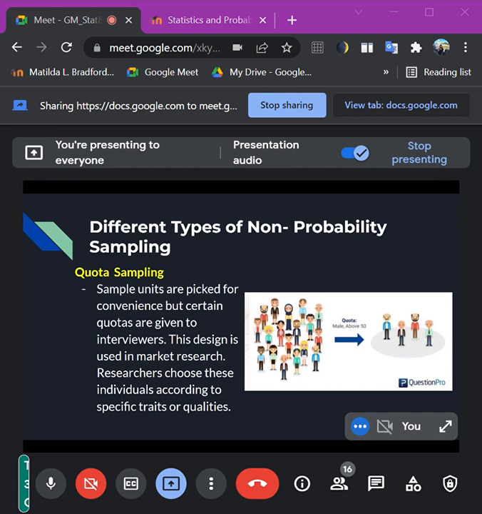Or somehow you're going to look for people with specific traits or qualities useful for your research. So that is quota sampling, in which you really have to find a way to find these people. You can't just hand it to anyone, since research needs these people for your sample.